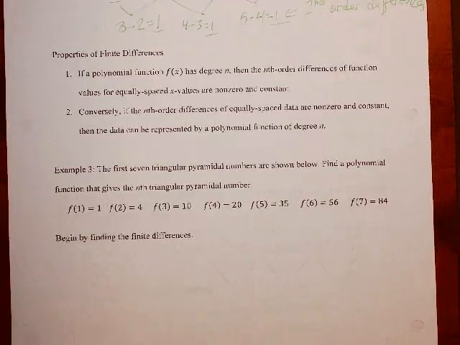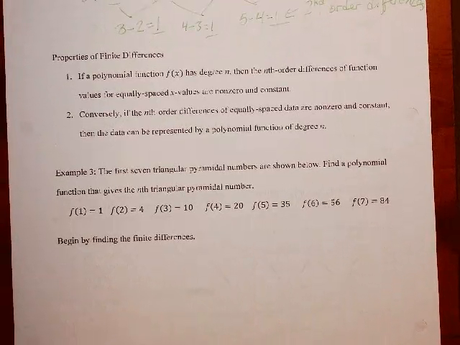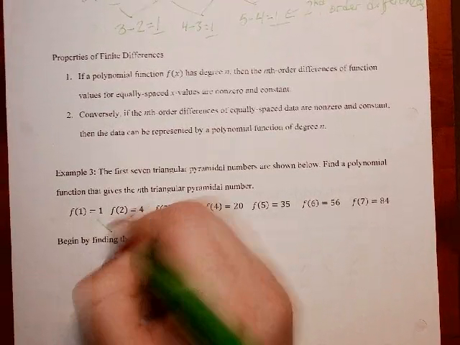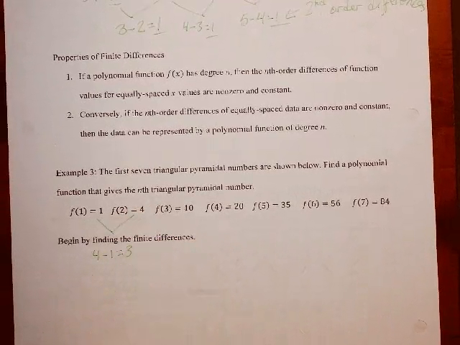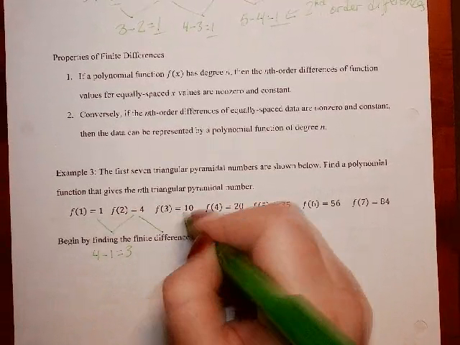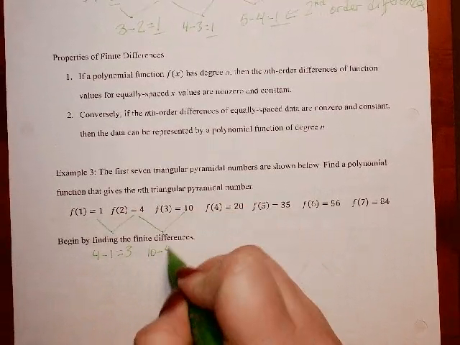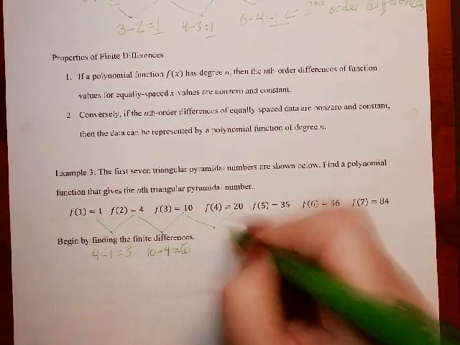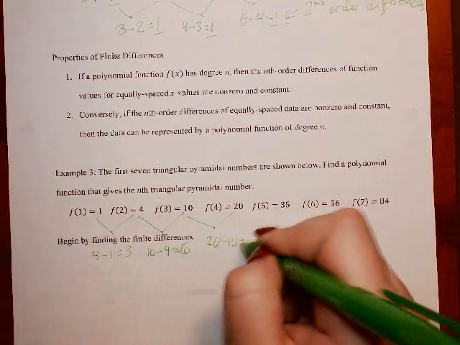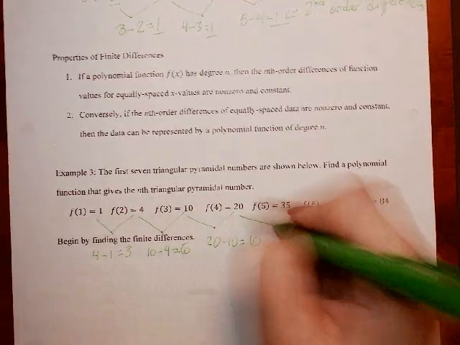So 4 minus 1 is 3. And then 10 minus 4 is 6. 20 minus 10 is 10. 35 minus 20 is 15.